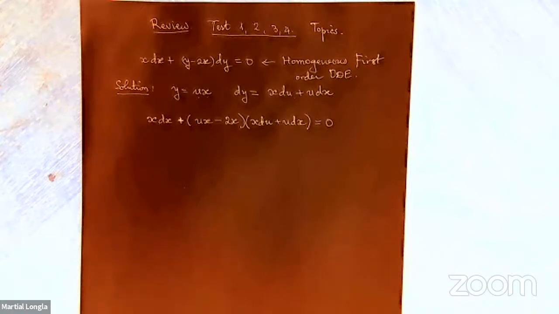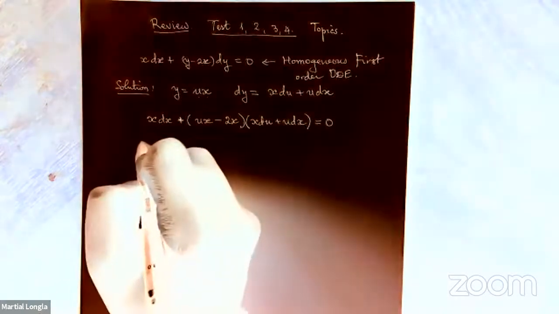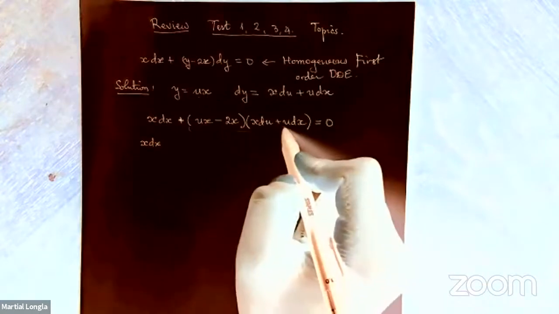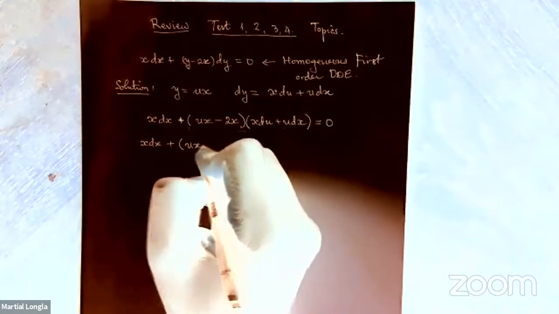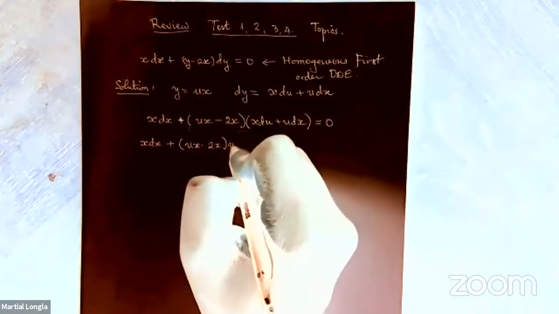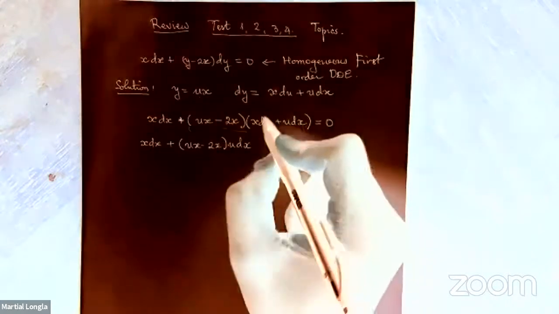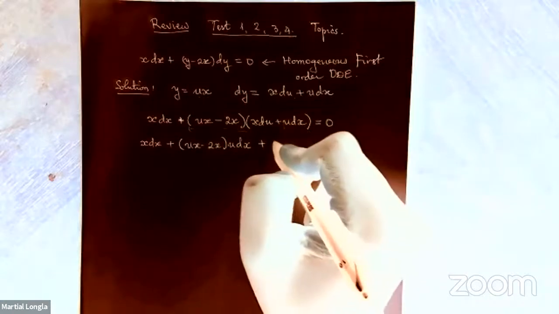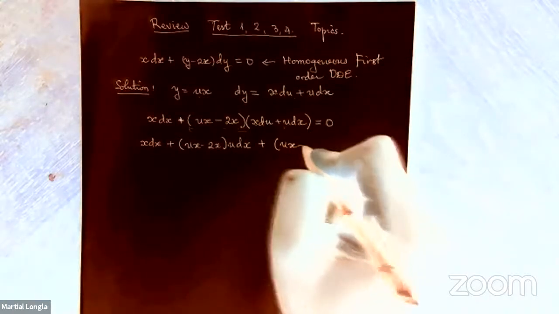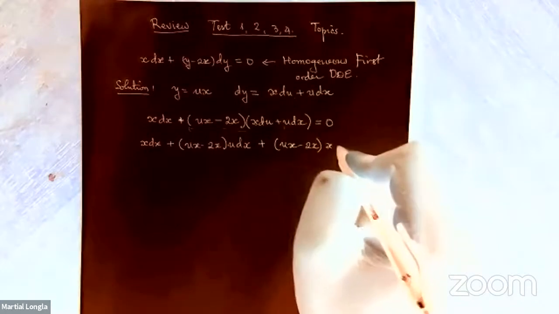So after doing this, what you need to do now is to get the terms that have dx together and get the terms that have du together. So that's x dx, plus all of this times u dx: ux minus 2x times u dx, and then everything else that has du, and that is all of this times x du: ux minus 2x times x du equals 0.